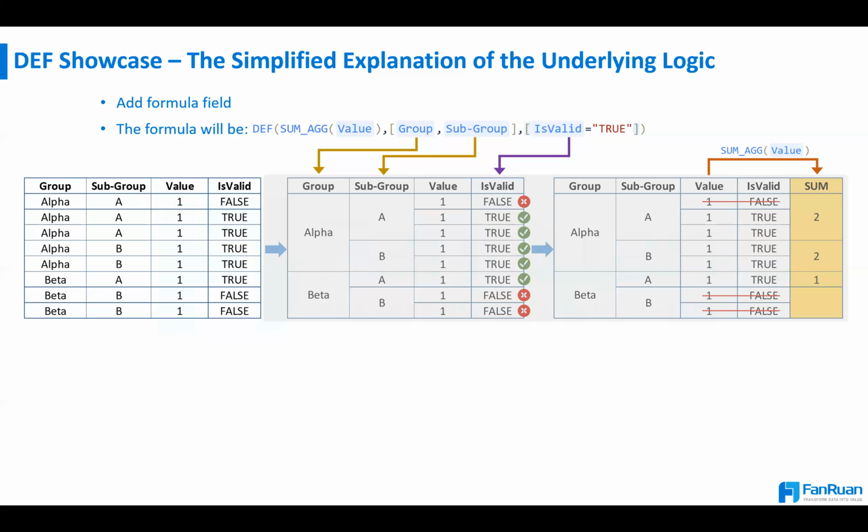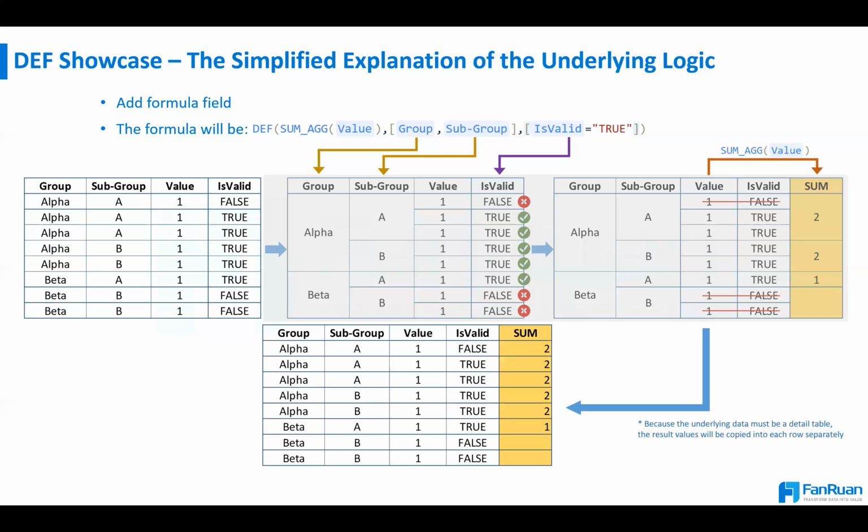When you do calculations in data preparation, you will not see this group table. FineBI will copy all the values to the result line and show you the final result in a detailed table format. For the last two lines, because the calculated value is empty, the cell itself is still empty.